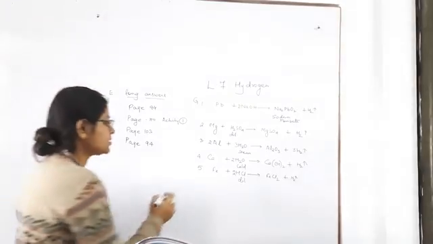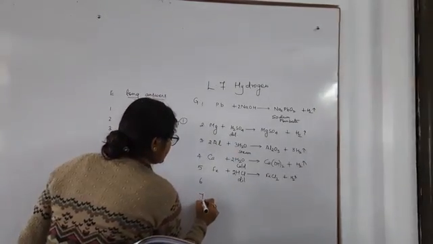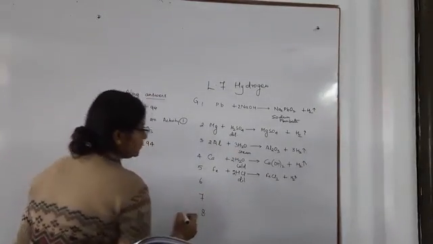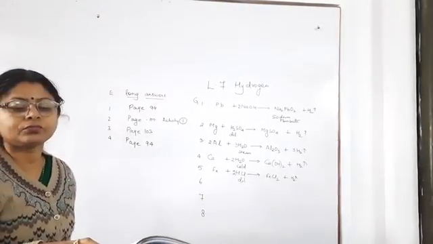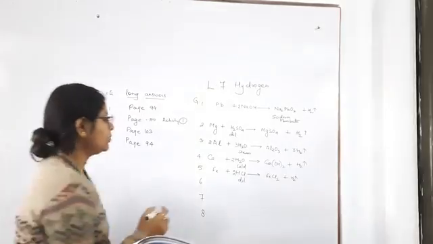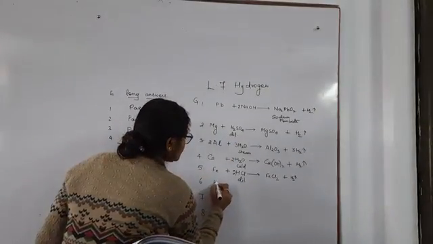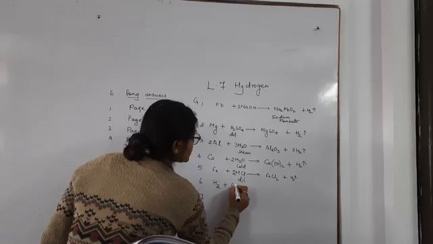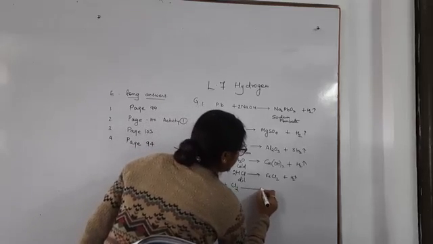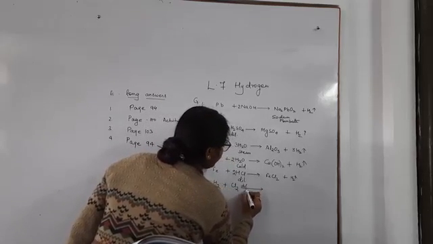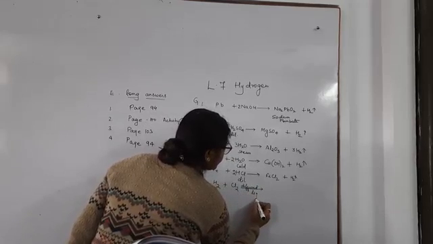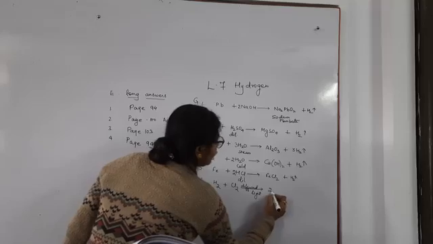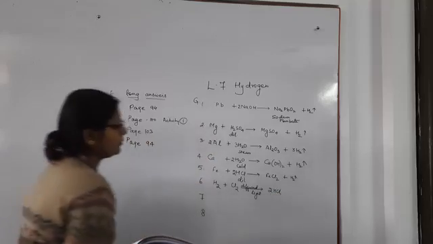Now next is the sixth equation, seventh, eighth. Hydrogen reacts with chlorine. In this you write down H2 plus Cl2 in the presence of diffused sunlight. It will form 2HCl.